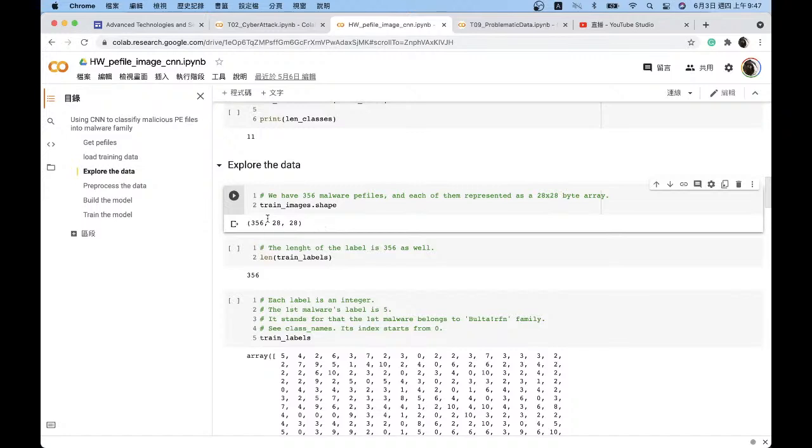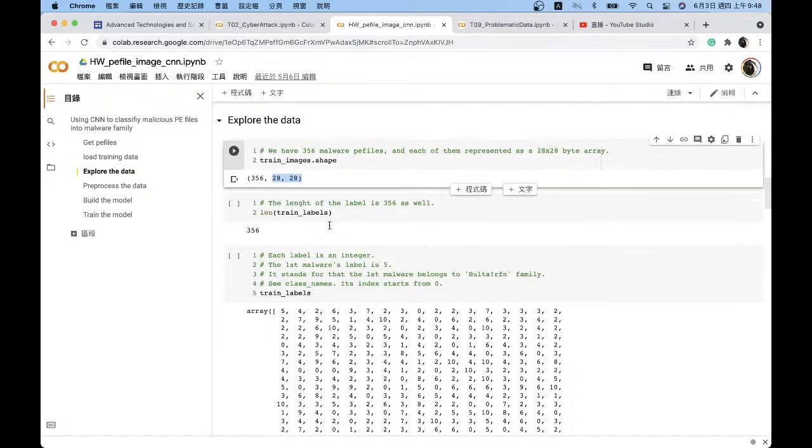For each malicious software, I simply extract the first few bytes and form them into a 28 by 28 matrix, and each element in the matrix is a byte extracted from the malware.